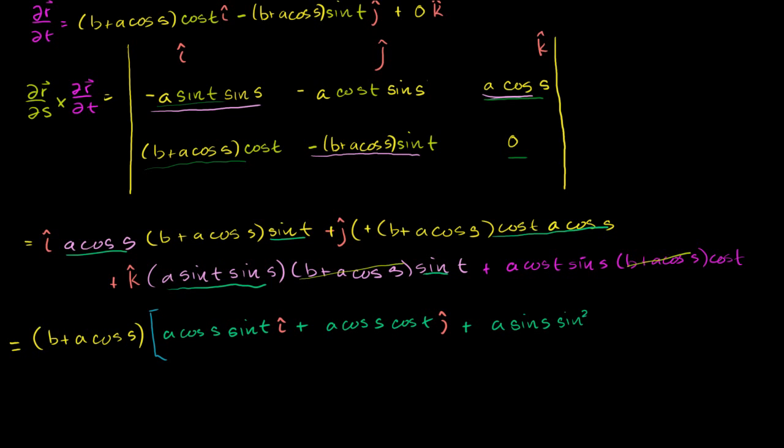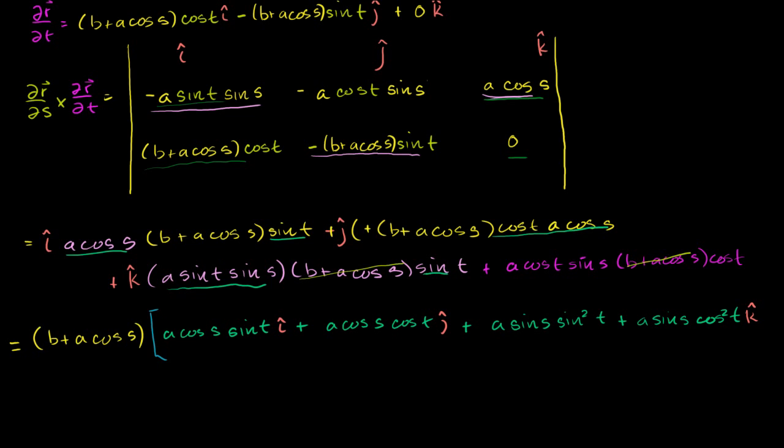Plus, what do we have over here? We have a sine of s times cosine squared of t, and all of that times the k unit vector.